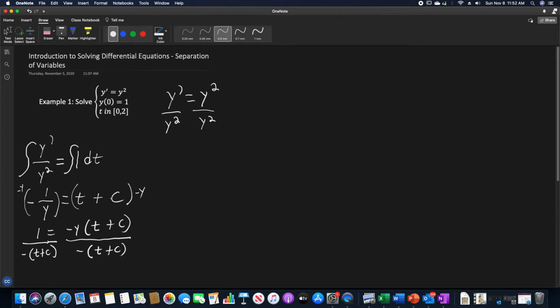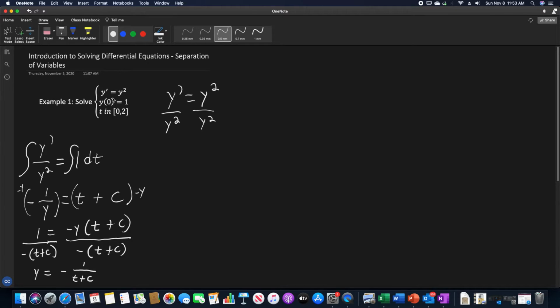So y is equal to negative 1 over t plus c.